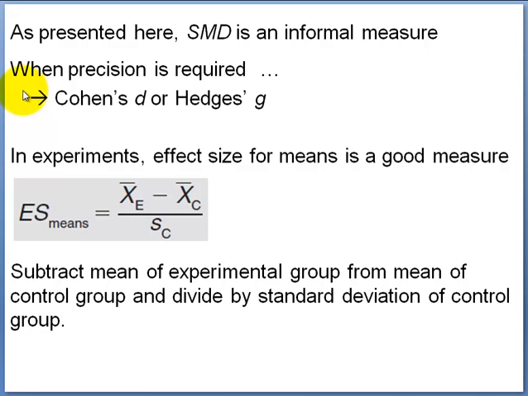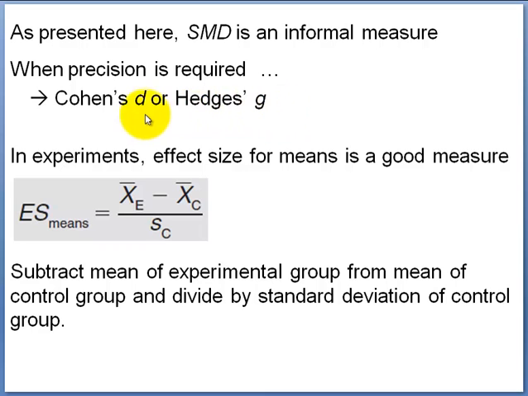And as I've already mentioned, as presented here, the SMD is an approximation. It's an informal measure where we presume the standard deviations to be equal. So when you need precision for the SMD, Cohen's d or Hedges' g are good ways to figure out the SMD.